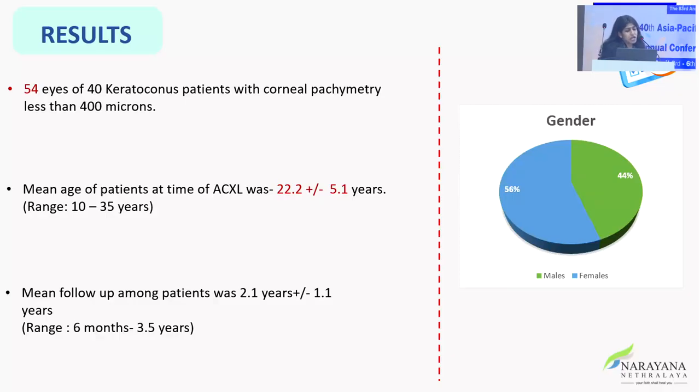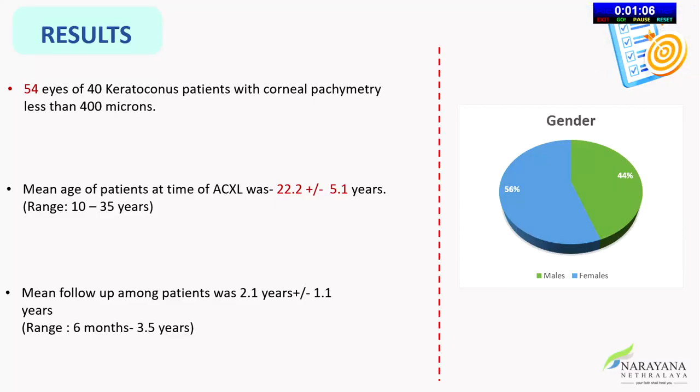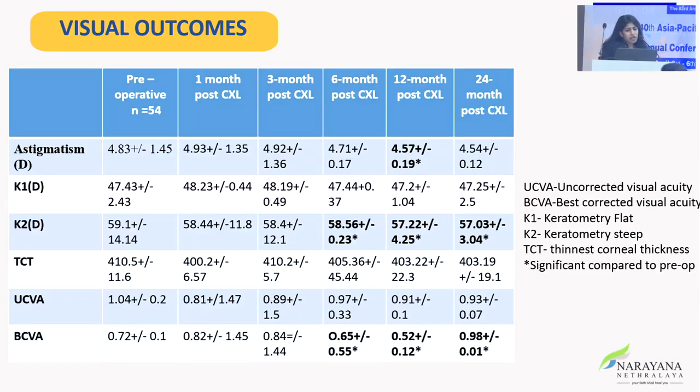The mean age of the patients at the time of ACXL was 22.2 plus or minus 5.1 years. Mean follow-up was 2.5 years with a standard deviation of 1.1 years, ranging from 6 months to 3.5 years. 56% of our population were females while 44% were males.